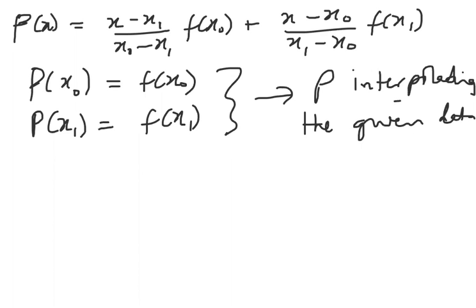Yes, Mr. Mwape? Yes, sir. From what we are learning today, under this method, so far we have learned that what we are finding, P of X, is actually approximating the original function F of X, which we don't know.